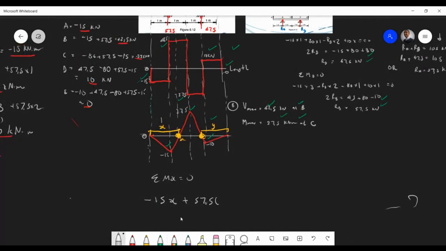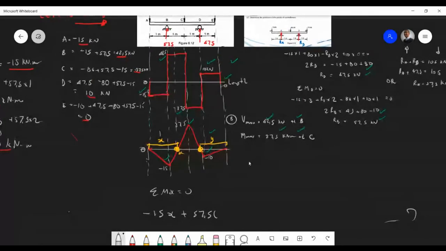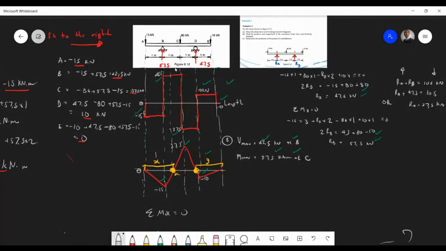Students, are you following so far? I'm using moments to locate where the point is. I understand why you're using moments, but I don't know why we're using 57. The reaction, remember. Look where X is.